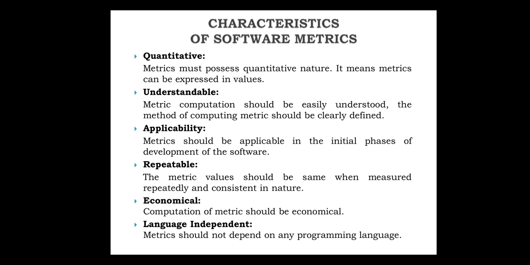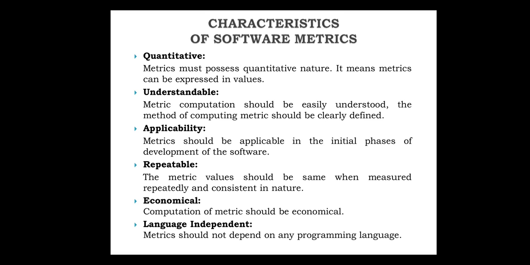So characteristics of software metrics are: first one is quantitative. The metrics must possess quantitative nature, which means metrics can be expressed in values. Next is understandable. Metrics computation should be easily understood, and the method of computing metrics should be very clear. Next is applicability.